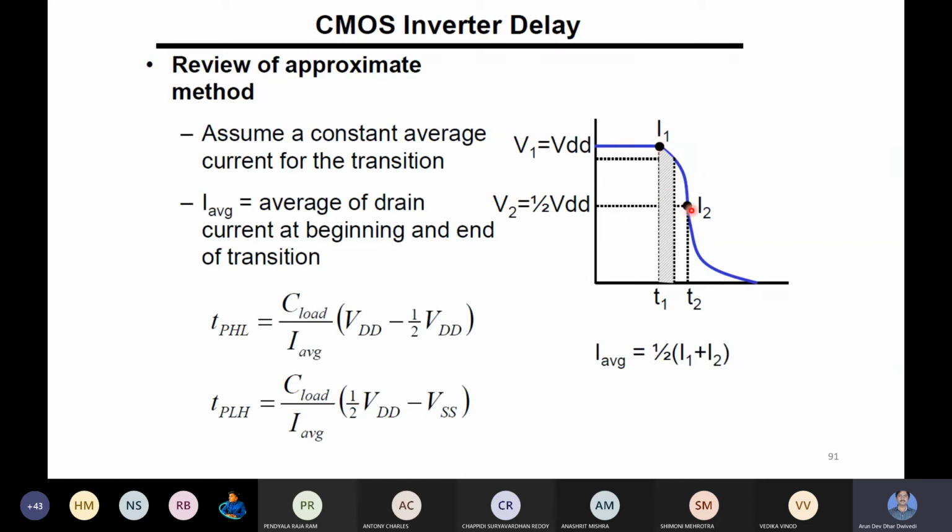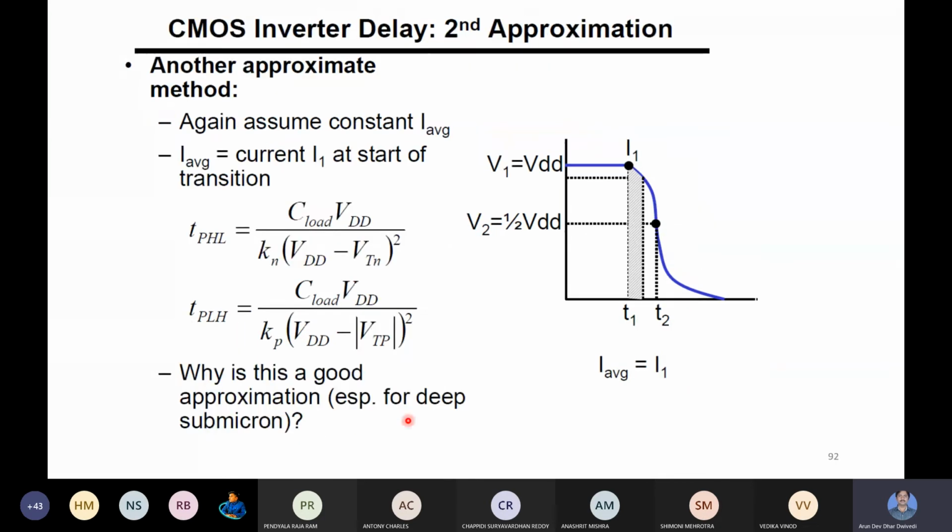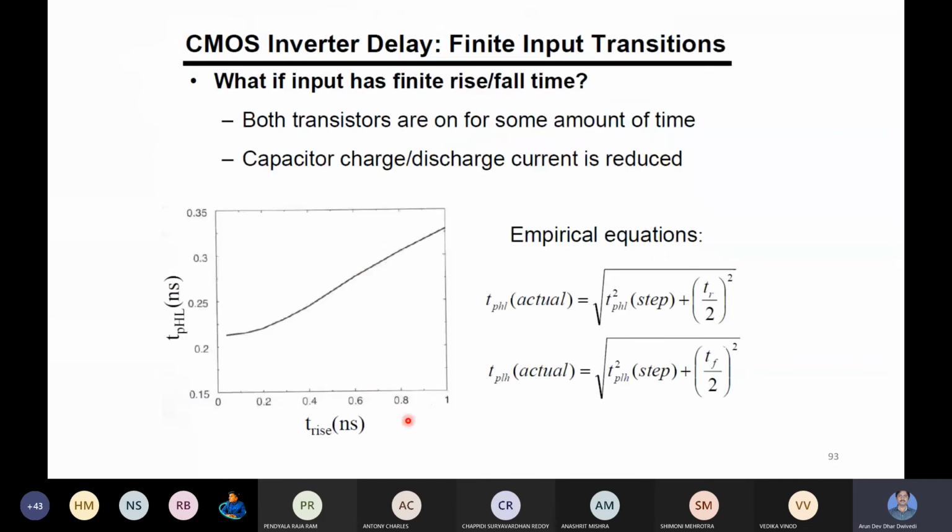And when the output is at 50%, what is the current? The current when the output was VOH plus the current when the output is at 50%, added together and divided by 2. This is I average in the average current model, used for TPHL and TPLH, which we discussed during the problem.